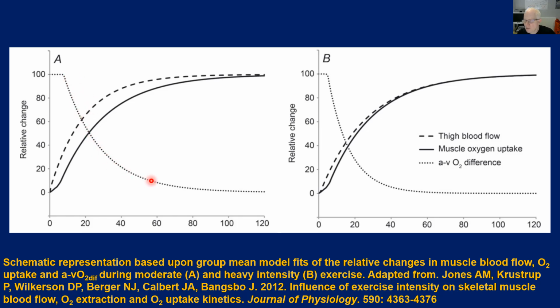It's not that we stop extracting, it's that we're fundamentally getting to the point where the amount that we're extracting is proportional to the amount of oxygen we need to meet the demand at the tissue. And we see that for both this moderate intensity and heavy intensity exercise.